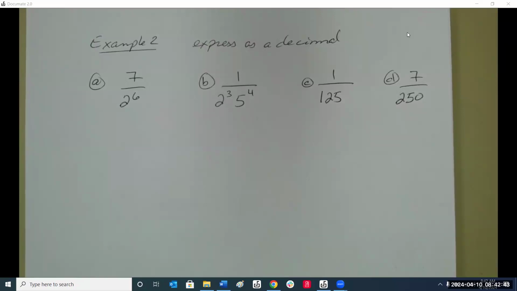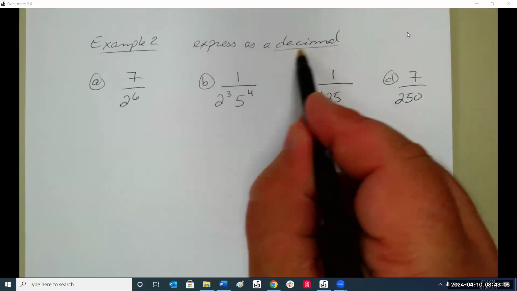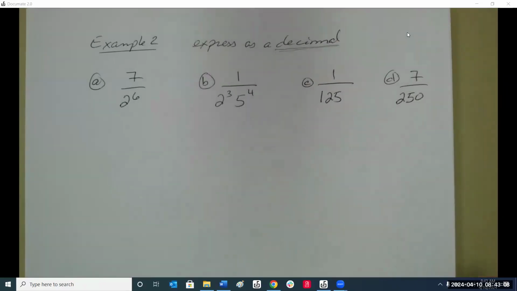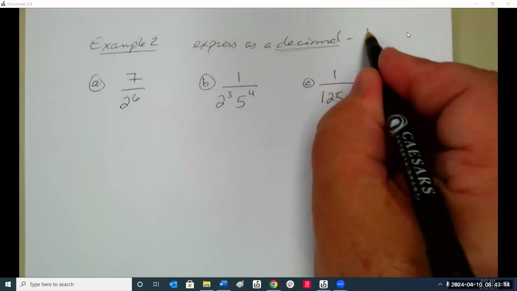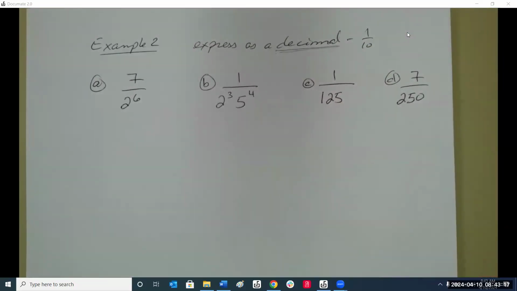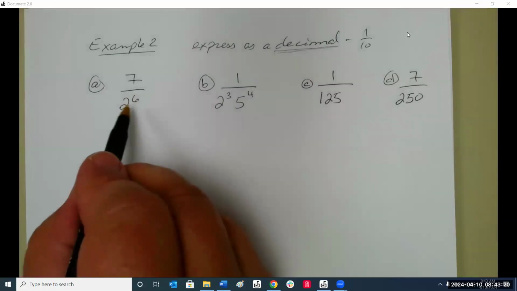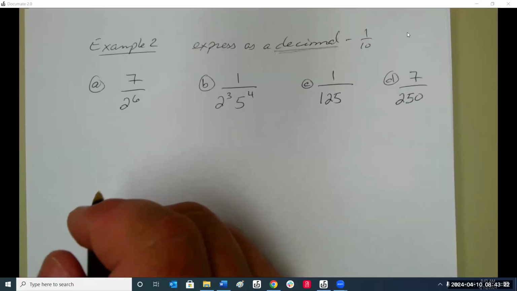Express as a decimal. Remember, we have to stick with the rules we've just been talking about. Since we're talking about decimals, what has to be the number on the bottom? Decimals are tenths. So we have to make the bottom number some factor of 10.